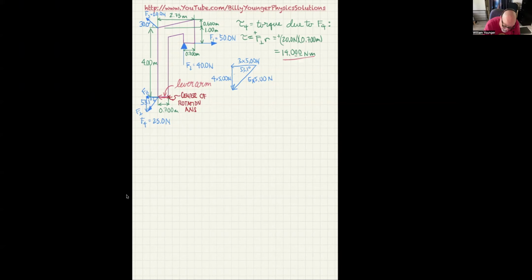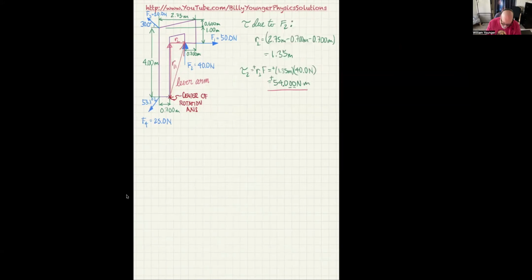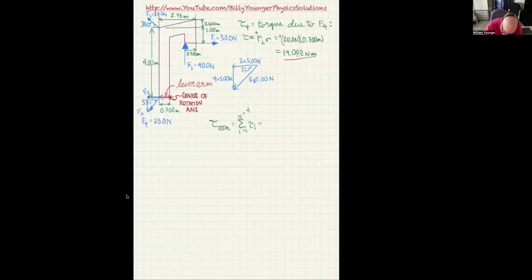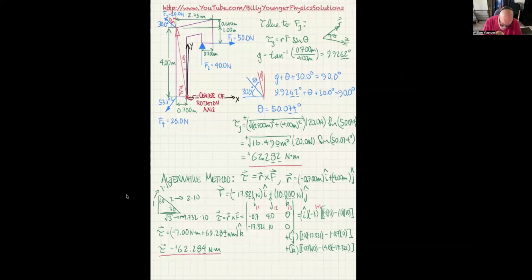So now, continuing, the total torque is equal to the summation from i equals 1 to N, which in this case N is equal to 4, of torque sub i. So what we see in the first result, we got 54.000 Newton meters plus the second one.